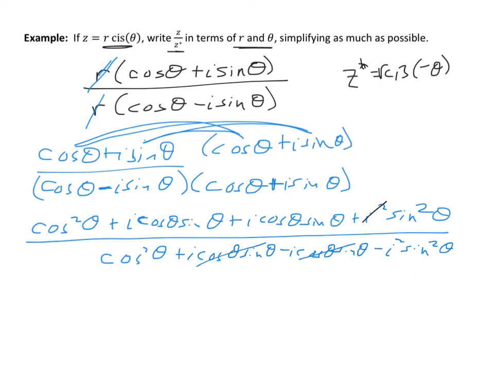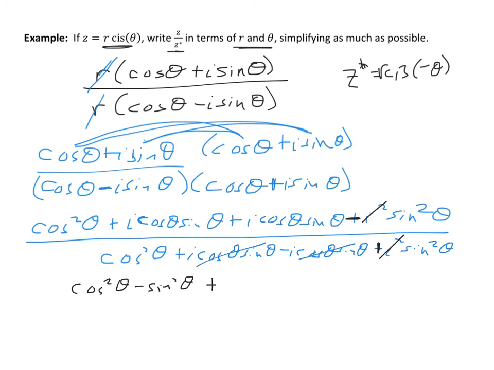i squared is -1, which will make this a minus. Down here, i squared is -1, which will make this plus. So in the numerator, my real parts are cosine squared theta minus sine squared theta, and my imaginary parts are actually just two of the same thing, aren't they?